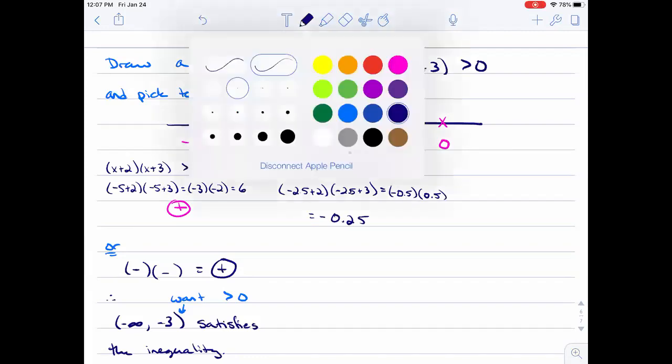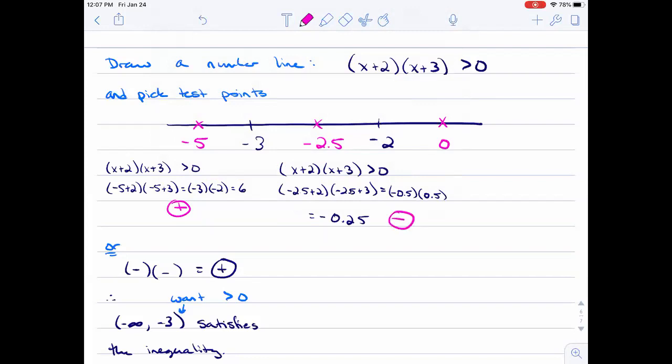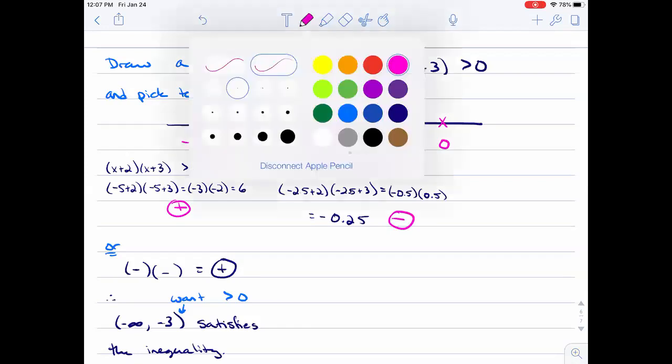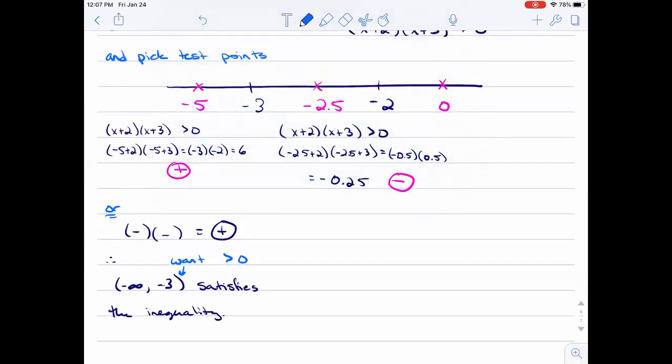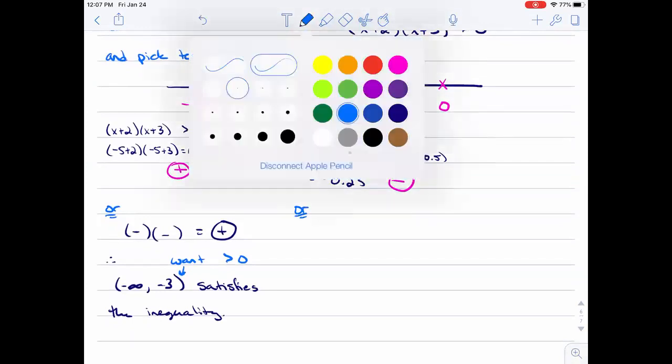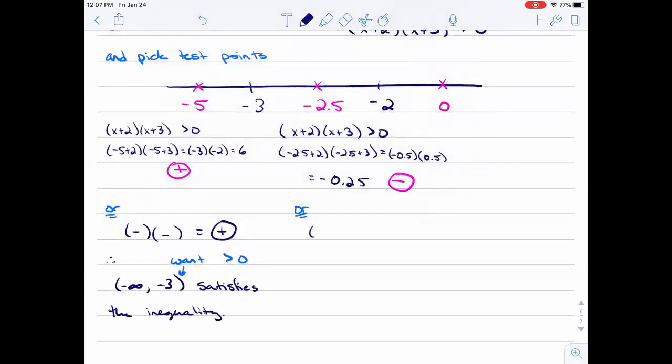And so this is going to be negative, or, right, if we just looked at this and said, well, that's going to give me a negative, this is going to give me a positive, which gives me a negative overall. Right, that's not in the interval, it doesn't satisfy the inequality. So we leave it out.